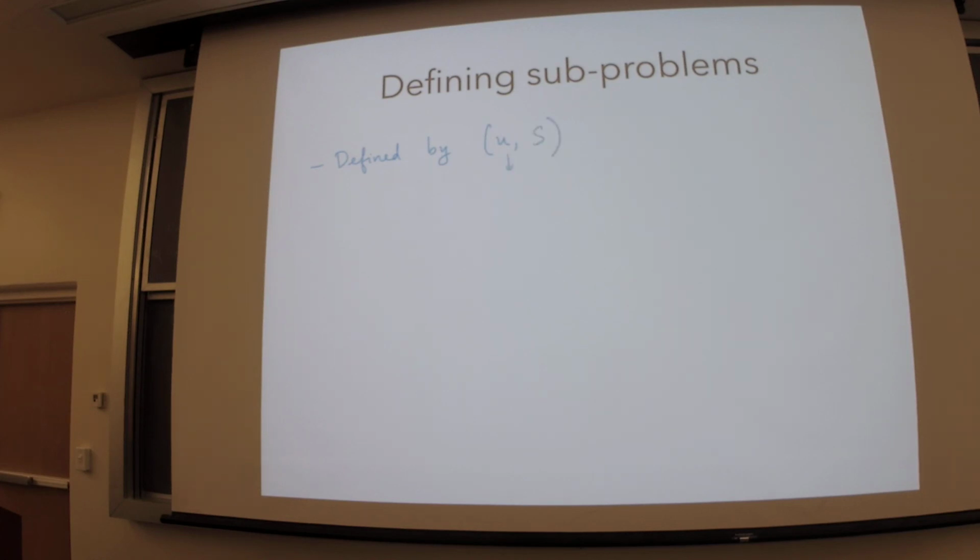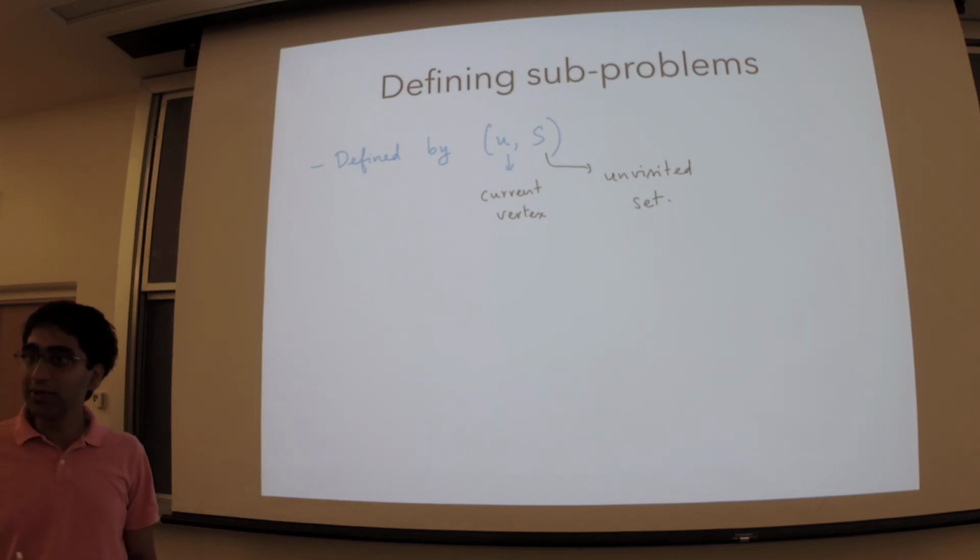So U is the start vertex or the current vertex. Okay. So how many subproblems are there?